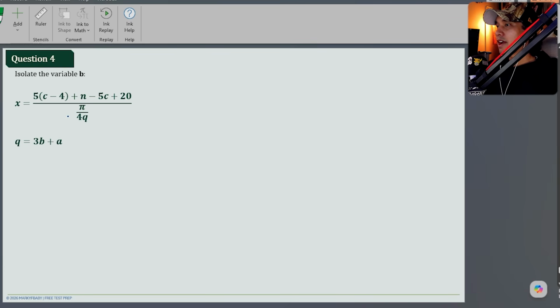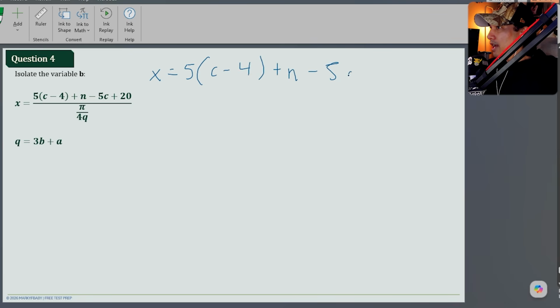We must simplify first. So let's begin. X equals, and I will write it all down, x equals 5c minus 4 plus n minus 5c plus 20 all over pi, and I don't even want to write the denominator, okay? Not yet.